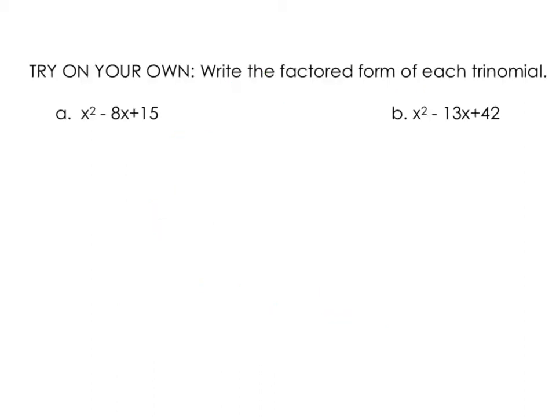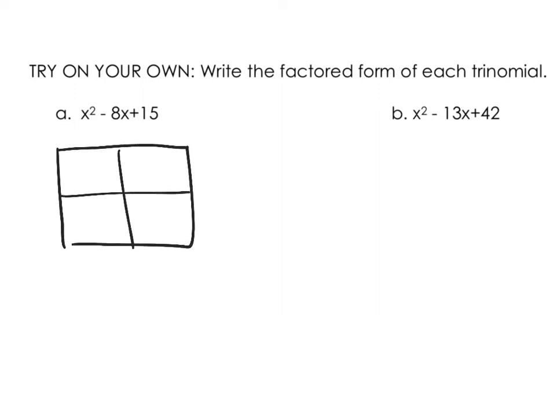Okay, now that you've tried those examples on your own, let's see how you did. So on the first one, we have to multiply to be x squared, multiply to be positive 15, and our diagonal needs to add to be a negative 8x.